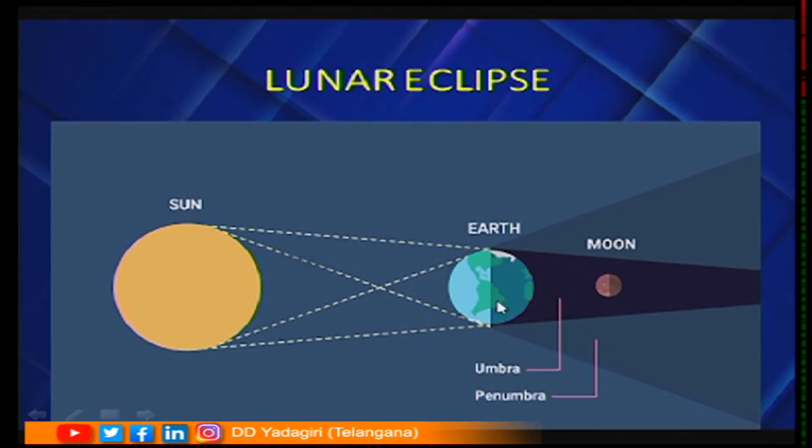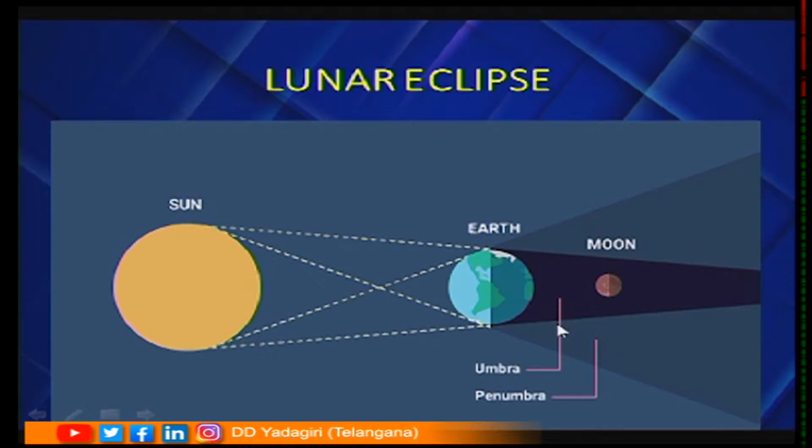What is the moon doing? The moon is also revolving around the earth, and in this process, when the earth comes in between the sun and moon, you can see a shadow of the earth falling on the moon. That dark region you are able to see here is due to the shadow formed by the earth falling on the moon.